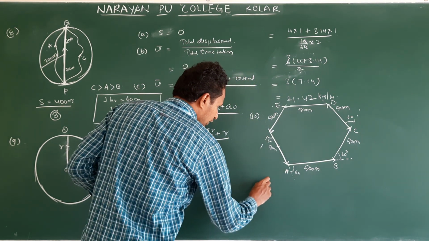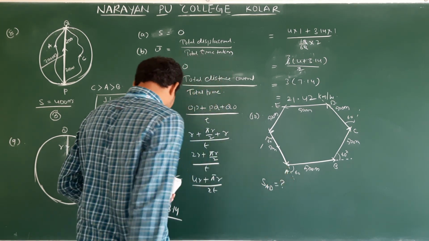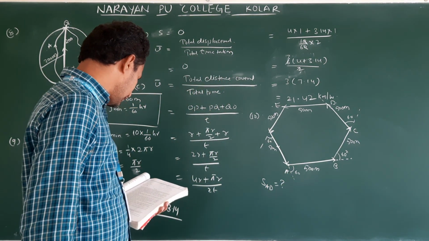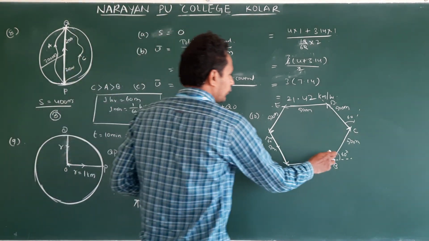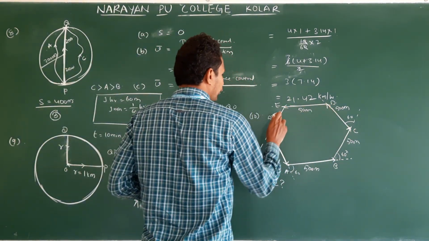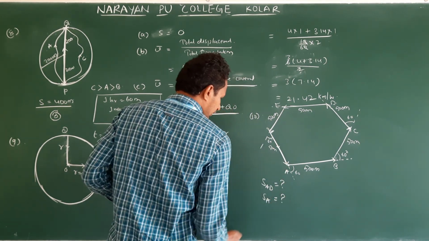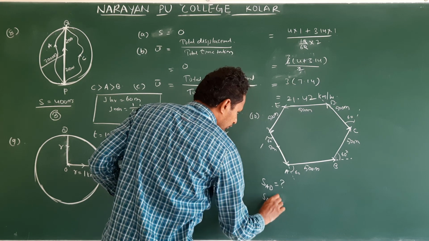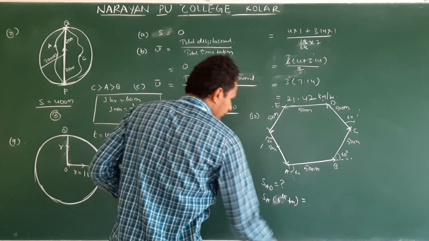So displacement between S_AD, question mark. Next, third turn and sixth turn: 1, 2, 3, 4, 5, 6. S_A, question mark. And this is the sixth turn.